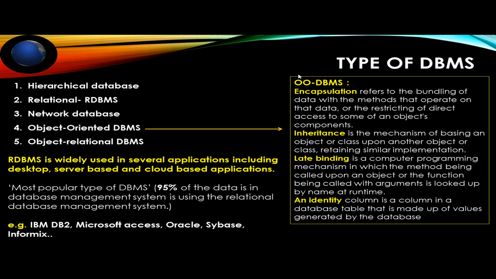So the most popular type of database management system is relational. 95% of the data in database management systems uses the relational database management system. For example, IBM DB2, Microsoft Access, Oracle. For easier understanding, I am saying go through Microsoft Access once. And Informix. So these are relational database management system examples.